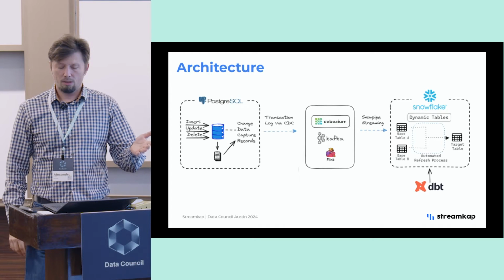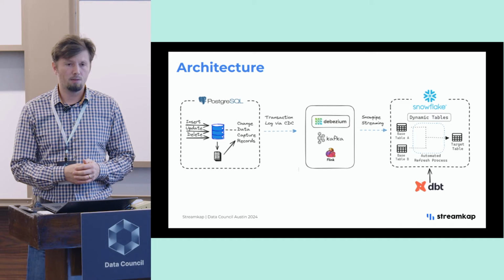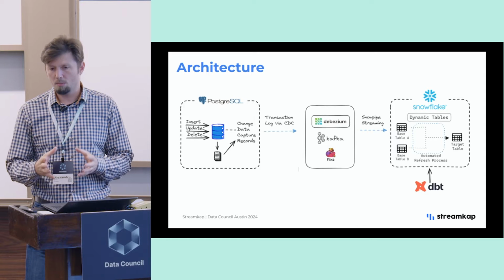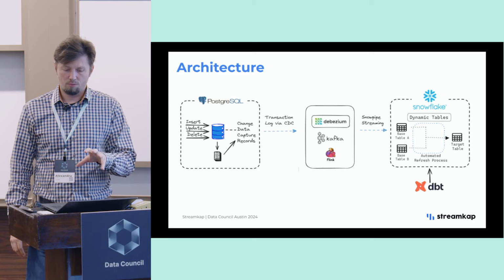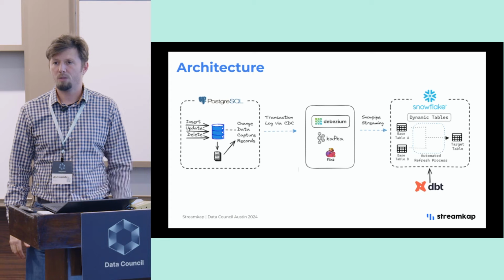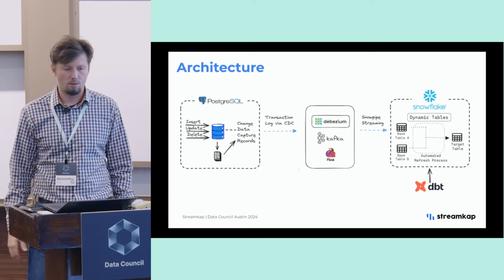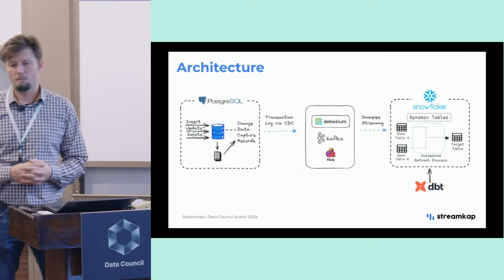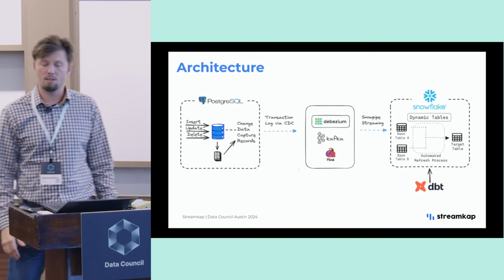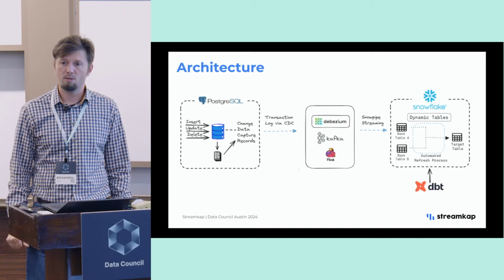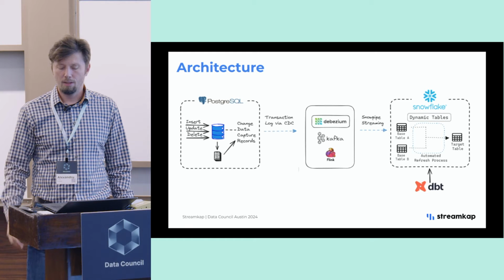So this is the setup. Basically you have Postgres, you have the transaction log that has to be enabled on the source database, and Debezium is actually the de facto standard which is used by this platform to read the transaction log and stream events through Kafka to the destination. So all the events are persisted in Kafka, and then the Snowpipe streaming-based Kafka connector for Snowflake is responsible for taking those events from Kafka and materializing them into Snowflake.